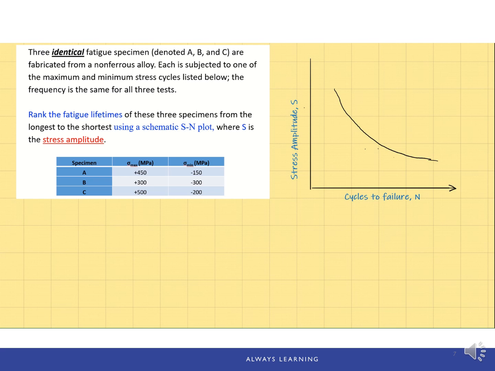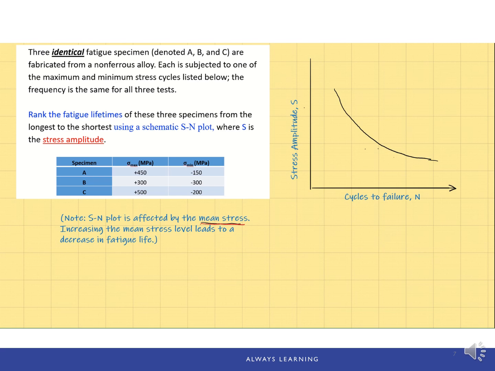But also keep in mind that there's another factor that will change the fatigue lifetime, which is the mean stress. The SN plot is affected by the mean stress in the way that increasing the mean stress level leads to a decrease in fatigue life.